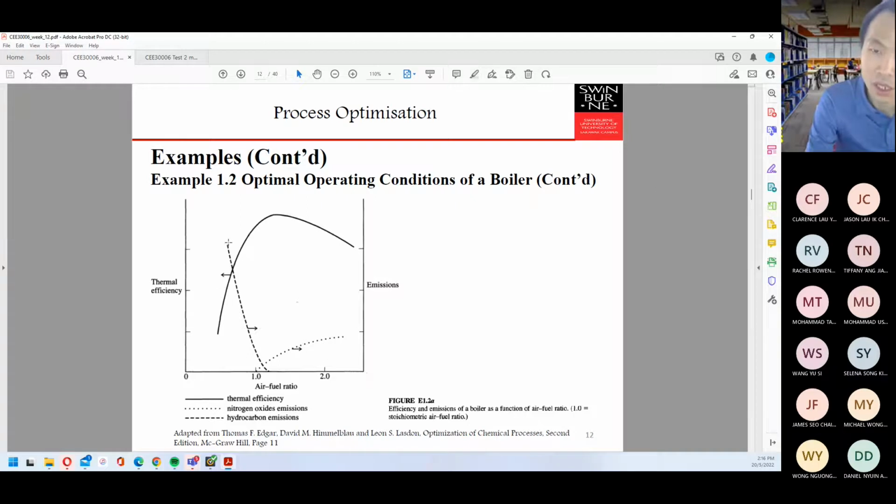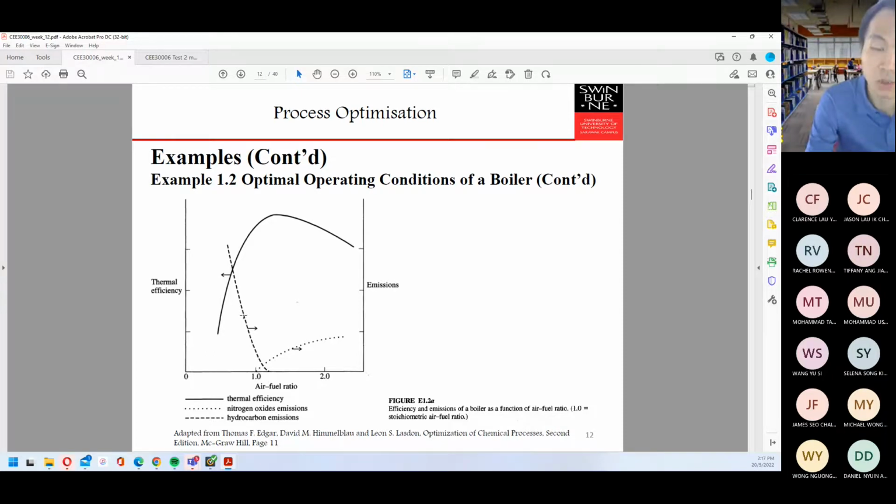The first is the hydrocarbon emission that will be reduced when we increase the air to fuel ratio. And then, unfortunately, as we increase the air to fuel ratio, we will have incomplete combustion. I mean, in terms of the nitrogen oxides.